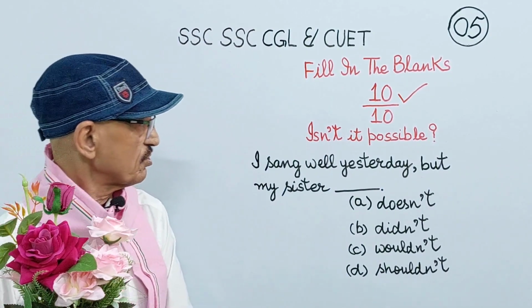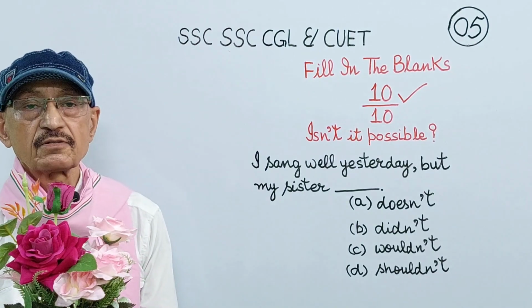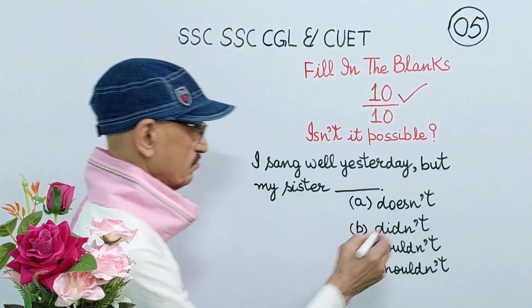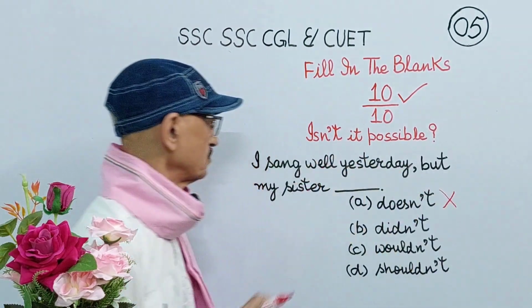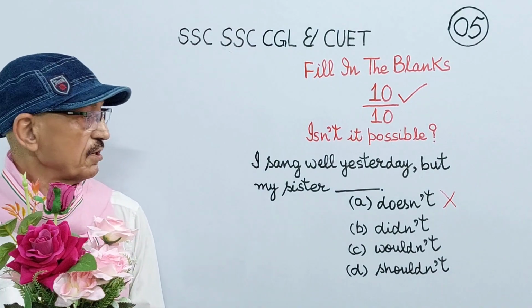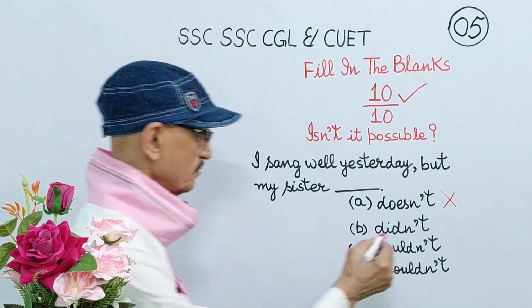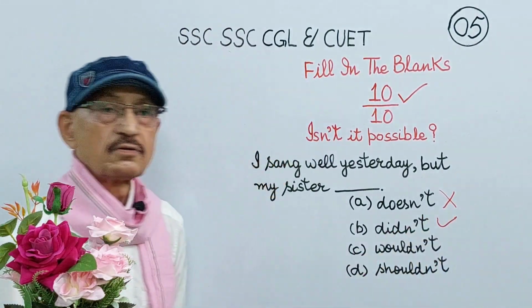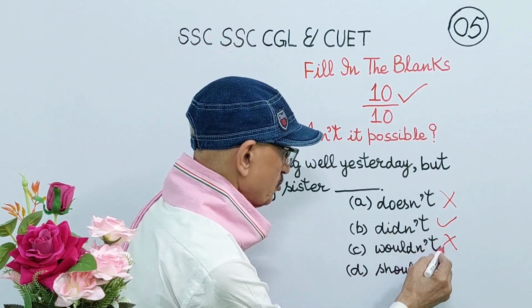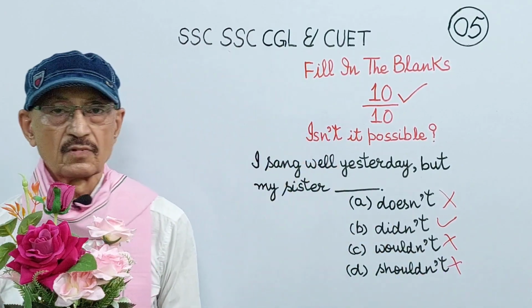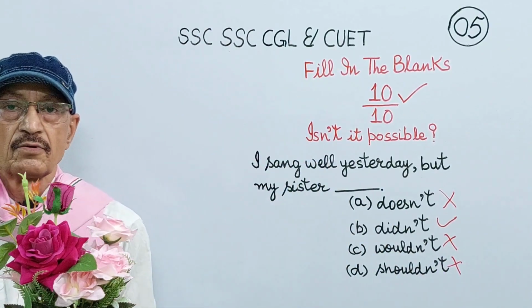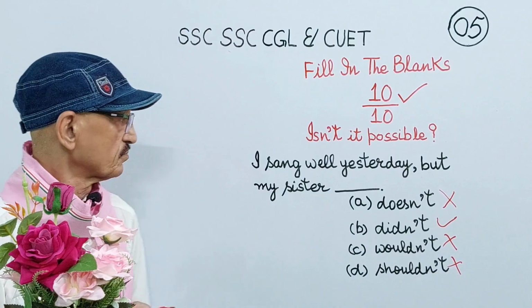I sang well yesterday, but my sister doesn't. Wrong. I sang well yesterday, but my sister didn't. This is correct. So wouldn't, shouldn't are wrong.